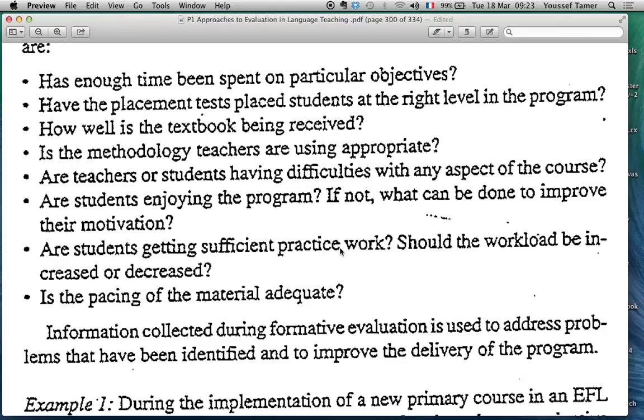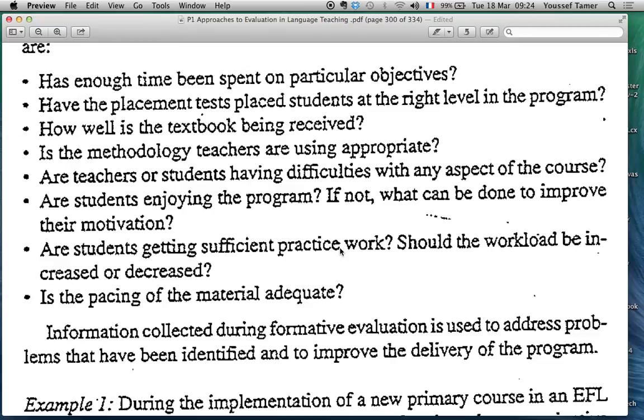So is the methodology teachers are using appropriate? Are teachers or students having difficulties with any aspect of the course, any area that tends to be difficult? Are students enjoying the program?